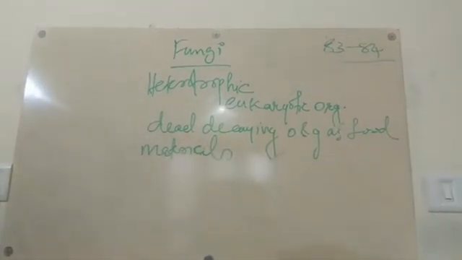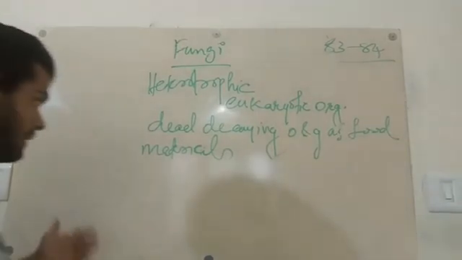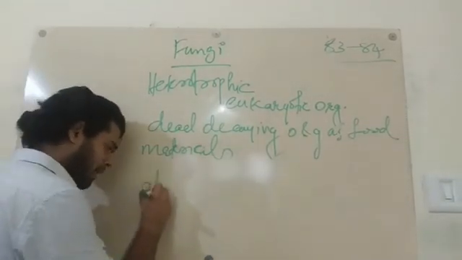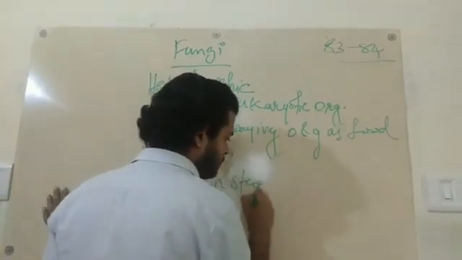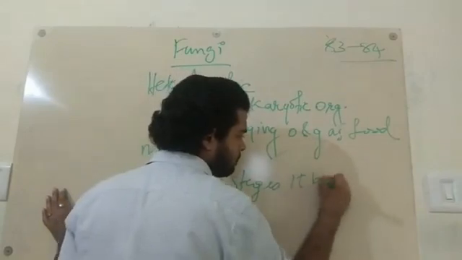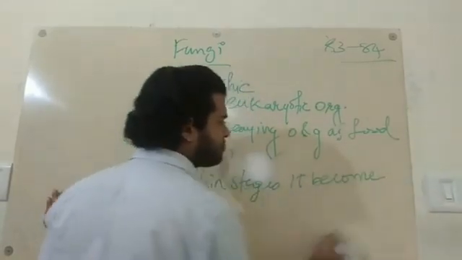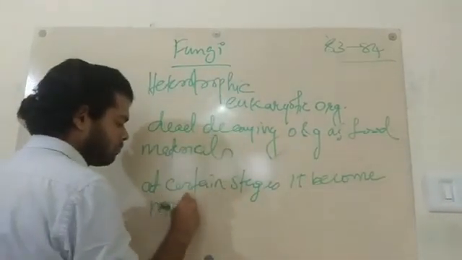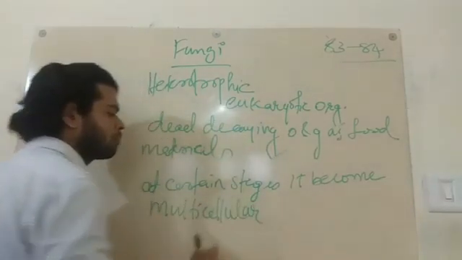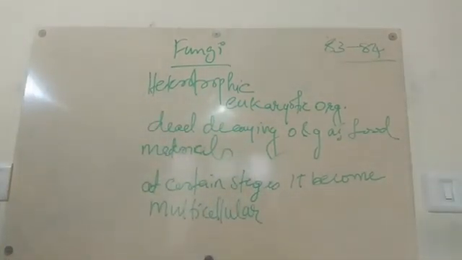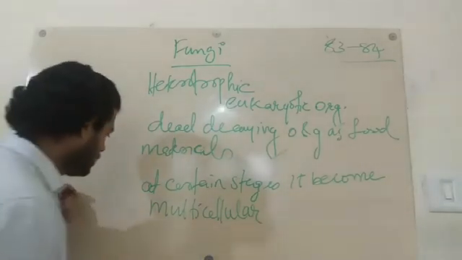Okay. And many of them become multicellular organisms at certain stages. So they have cell walls made up of a tough complex sugar called chitin.